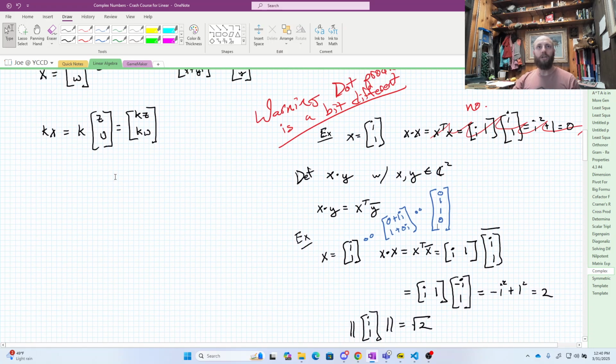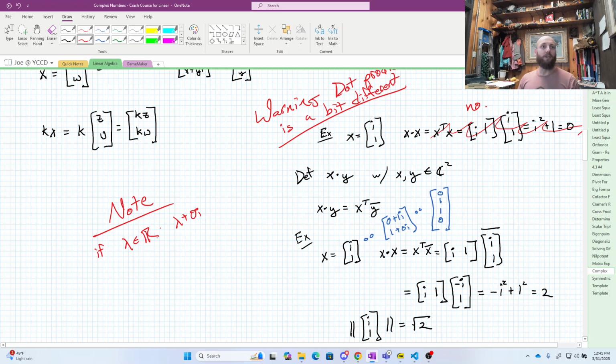I think that's what I need you guys to have. Oh, one last thing of note. If lambda is a real number, what that means is that it looks like lambda plus 0i. That makes sense?